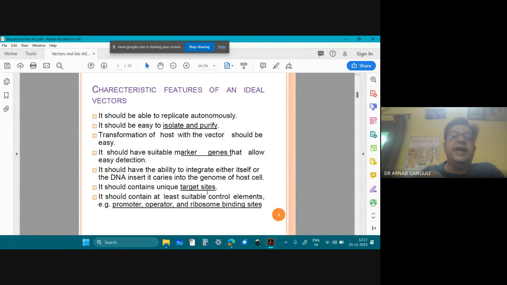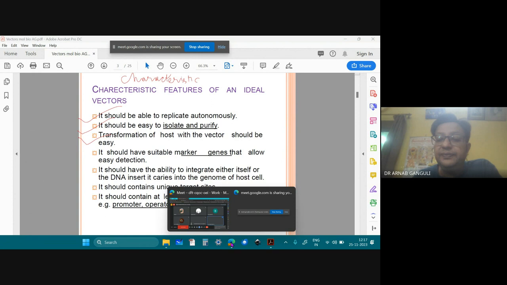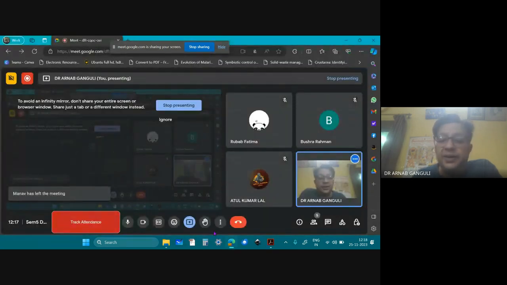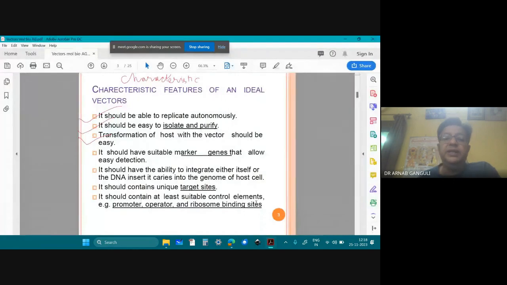Then what are the characteristic features of an ideal vector? It should be able to replicate autonomously. You have studied this before. You should be able to isolate and purify it easily. You can use it for transformation.